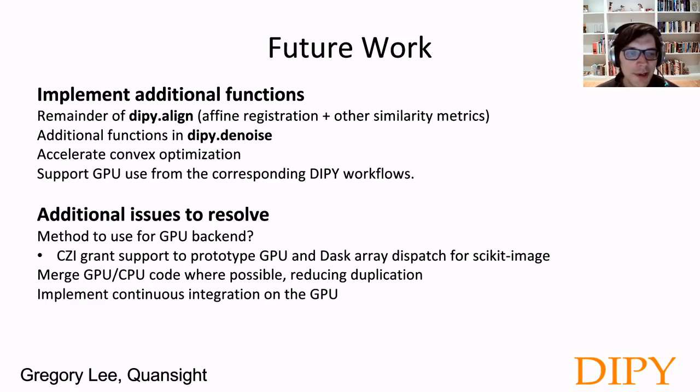Some additional things to think about are how do we want to integrate this GPU backend into the bigger project? And that's something I'm looking at for scikit-image right now with the grant through CZI of how we can support doing things with GPU and Dask arrays, and ideally we would like to have a common code path for GPU and CPU where possible, and maybe just the Cython portion versus CUDA kernels for the core computational bottlenecks where we'd have to have duplicate implementations.